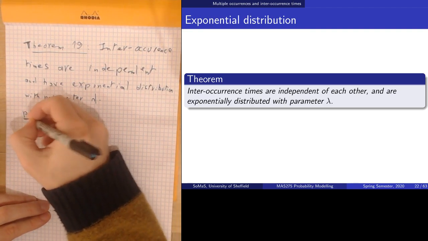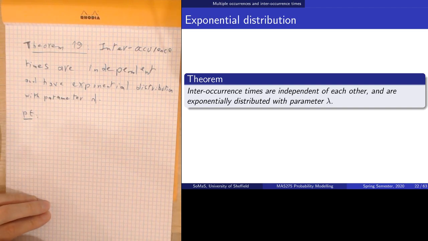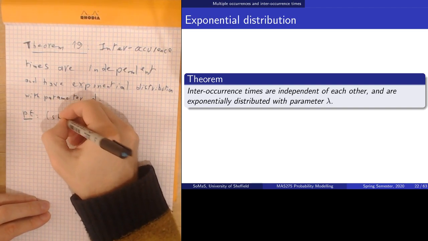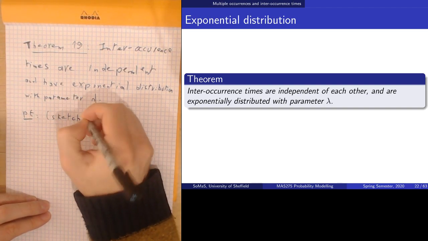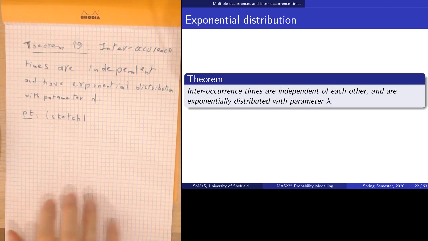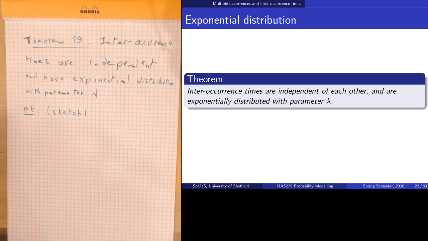Proof. Well, we won't do the whole proof. Let's call it a sketch. To do a complete proof, we need a little bit more theoretical machinery, which we don't quite have. But we'll get most of the meaning of the proof, so it's fine.